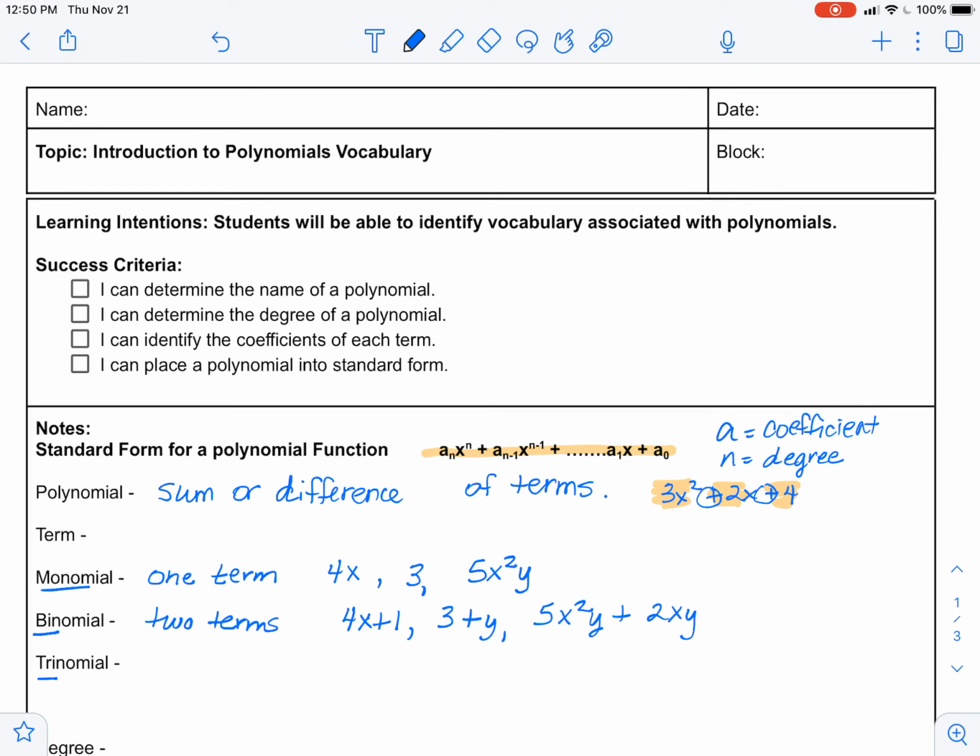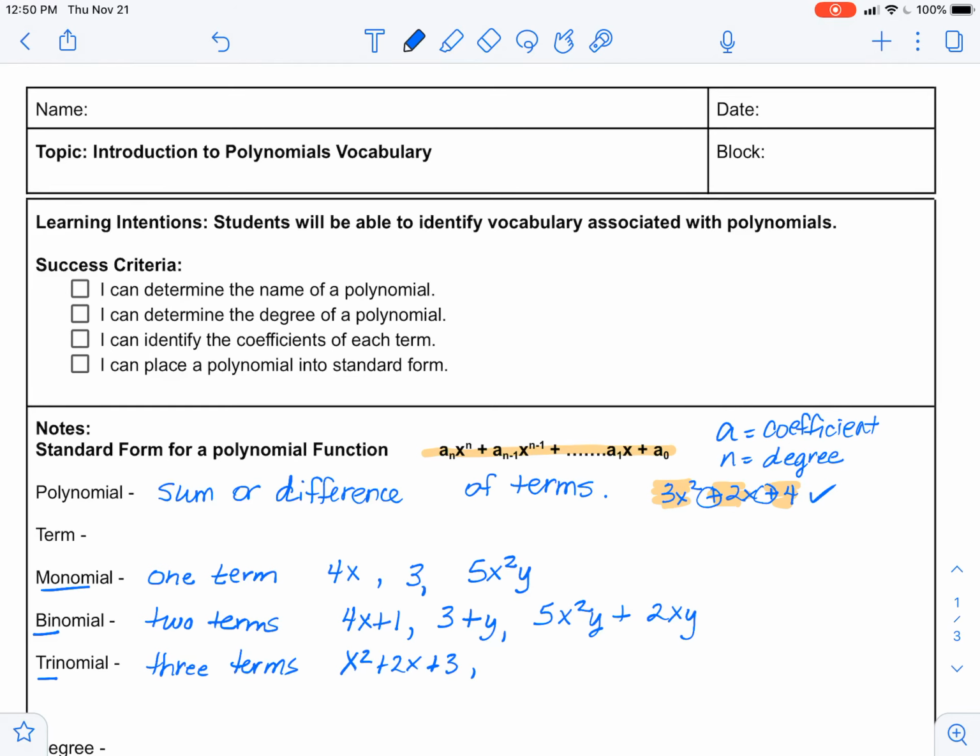Trinomial would be three terms. So again, the one that I gave you up here earlier, that is a trinomial. A very common trinomial that we see looks like this.